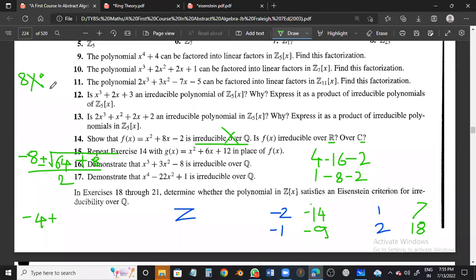I want square factorization. So what will happen? 2 into 4 into 9. So out of the root we'll have 6. Divided by 2, it will generate 3. So this will be 3 root 2.